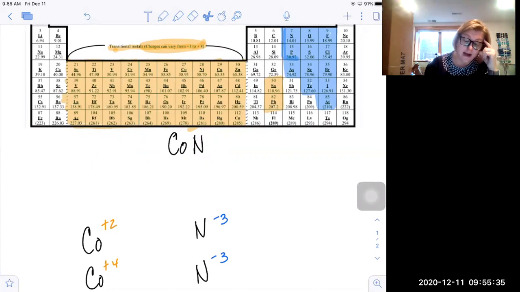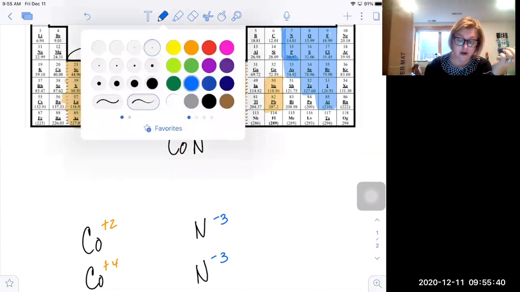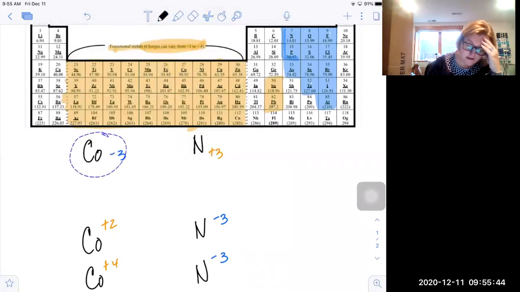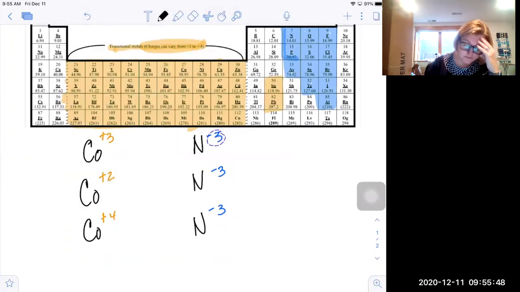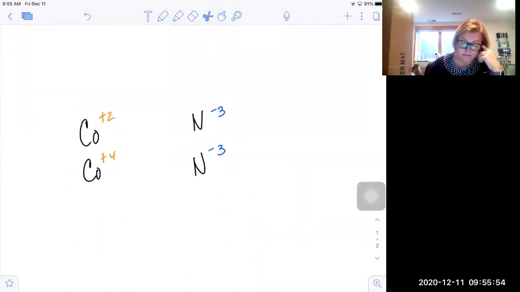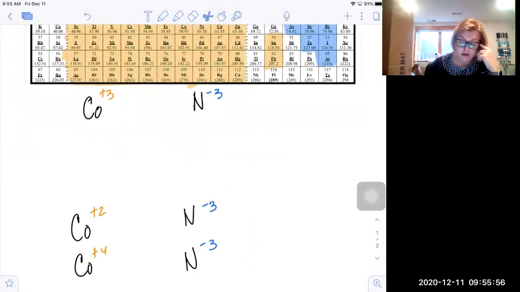Now, if we go to name this, we still need to write the charge in there. I still know that the charge was a +3. Even though I cancel the charge, I still need to write the charge.